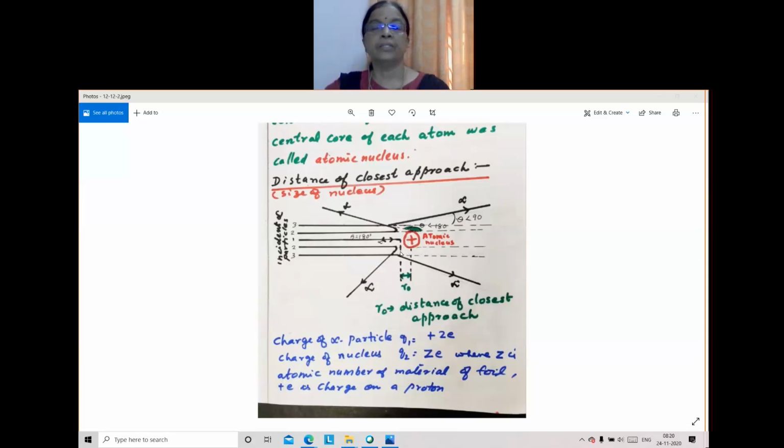So that is what we have to find out: at what distance the alpha particle moving towards the gold foil rebounds. That is the distance of closest approach. That distance is marked here as R0, from the center of the nucleus to the point where it rebounds.